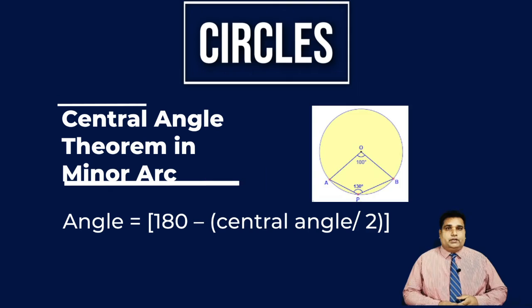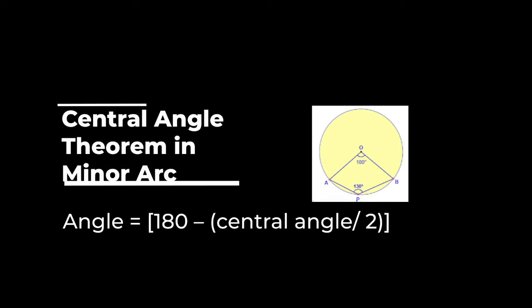The two angles have a different relationship: for the minor arc it is different and for the major arc it is different. Whenever we are finding the angle in the minor arc, we will use the formula 180 minus half of the central angle. And if we are finding it for the major arc, we have a simple relation that the central angle is double the inscribed angle.